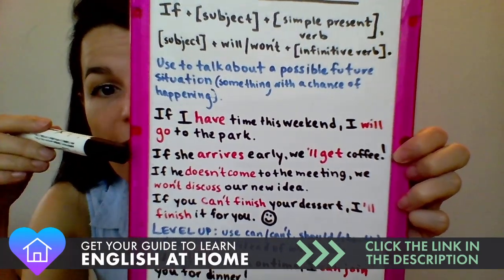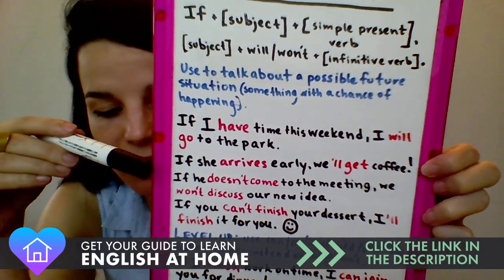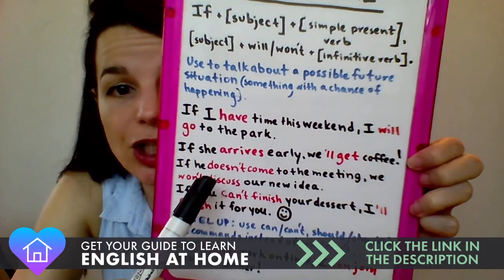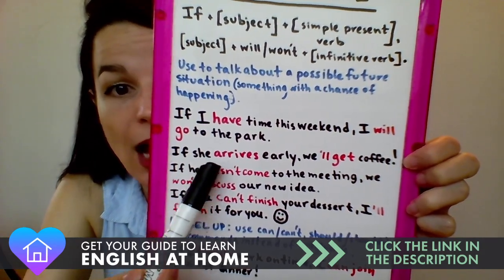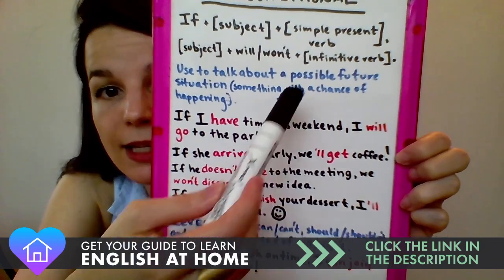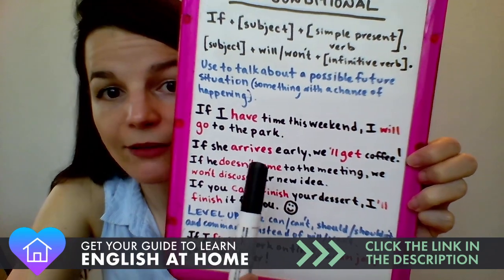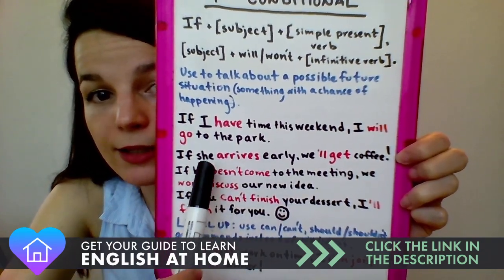If she arrives early, we'll get coffee. So in this case, my subject is she. If she arrives. So arrives is the simple present form of the verb arrive. We have S here because the subject is matching this subject.